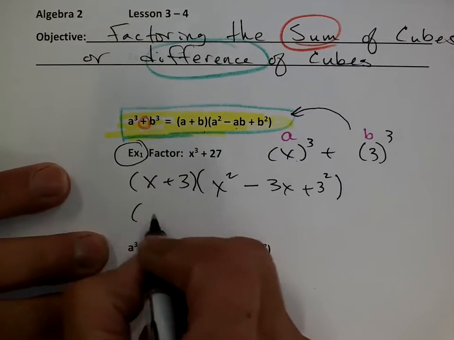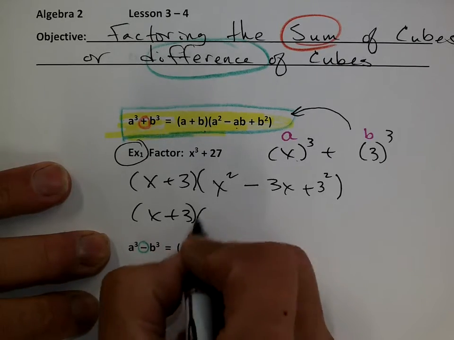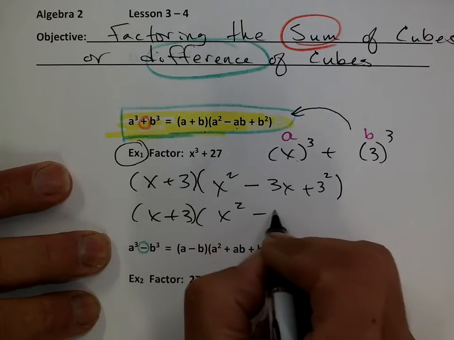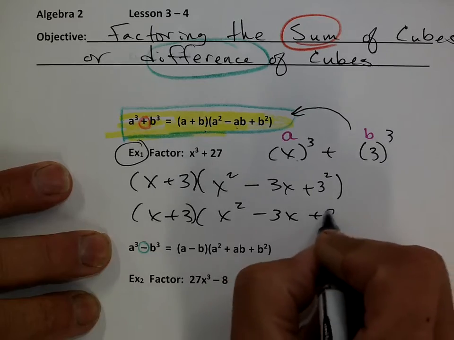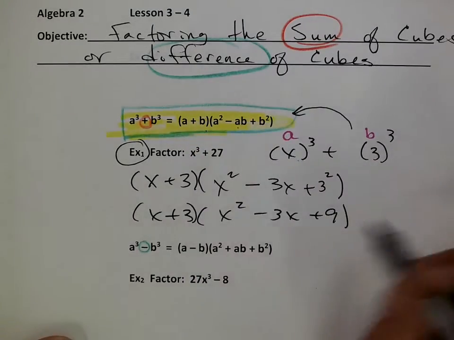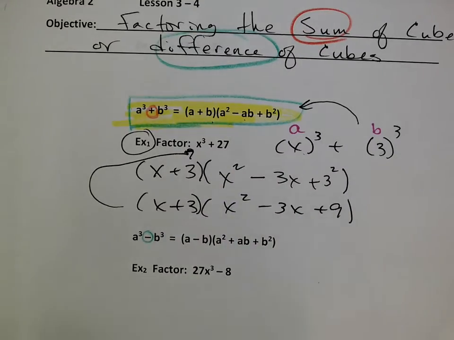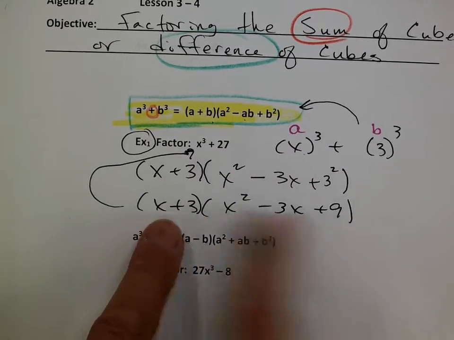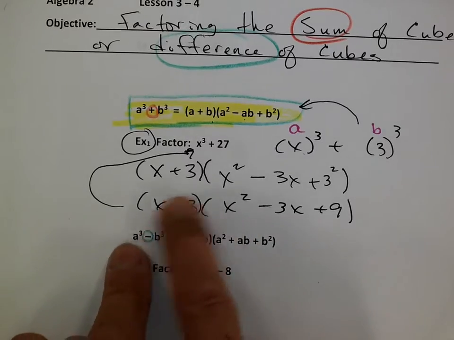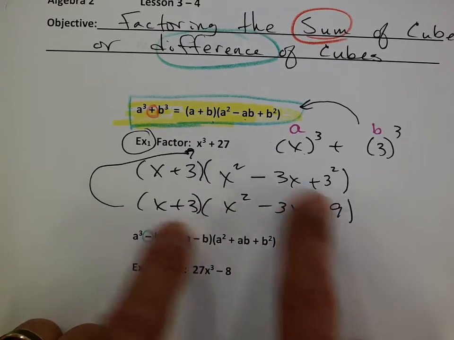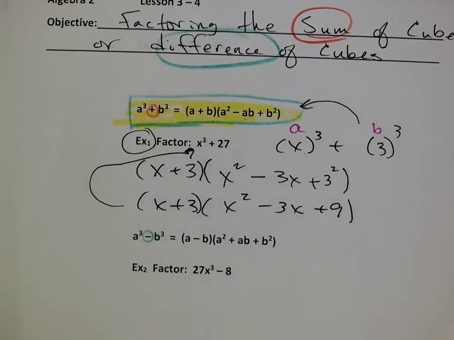So my answer would be x plus 3 times x squared minus 3x plus 9. This is the factored form of this. And sometimes we need to do that. If you were to multiply this all out, and we're not going to, it would come back to x cubed plus 27.